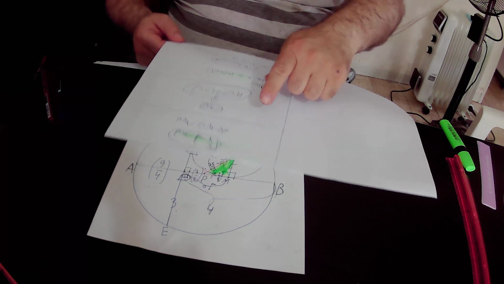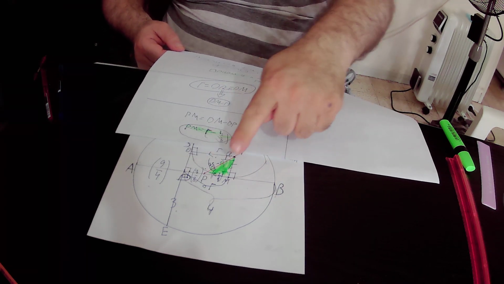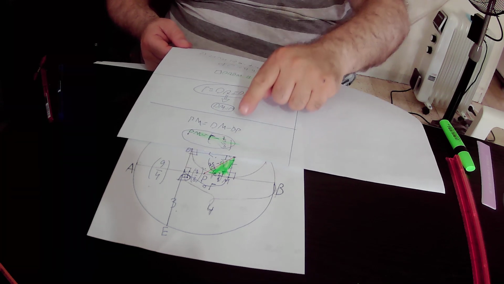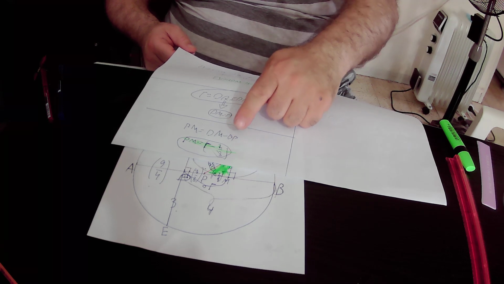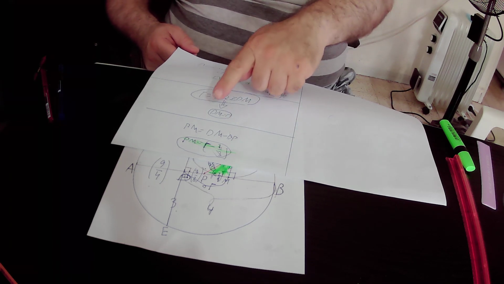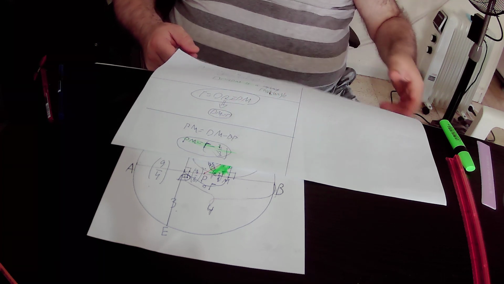DM equals small r, the radius of the small circle, according to what we just found, and we have already found that DP equals 7/8. So in conclusion, PM equals small r minus 7/8.